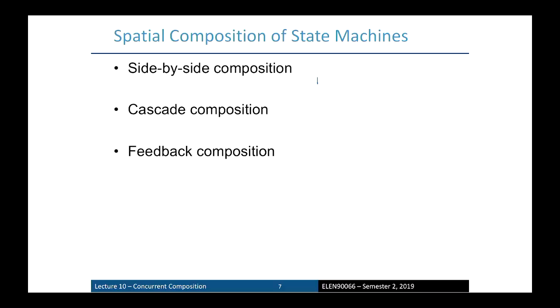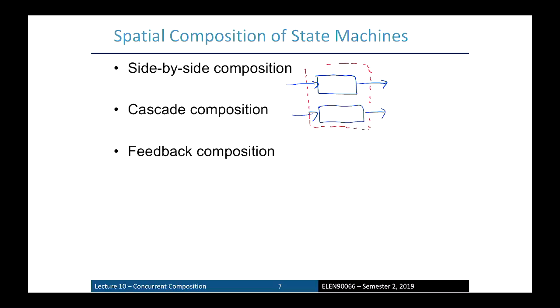So side-by-side, let's say you've got an FSM here with inputs and outputs. And you've got another FSM sitting here. Now, they're not interconnected in any way. But what we do is we can lump them together as part of a greater state machine, if you like, in what's called side-by-side composition.